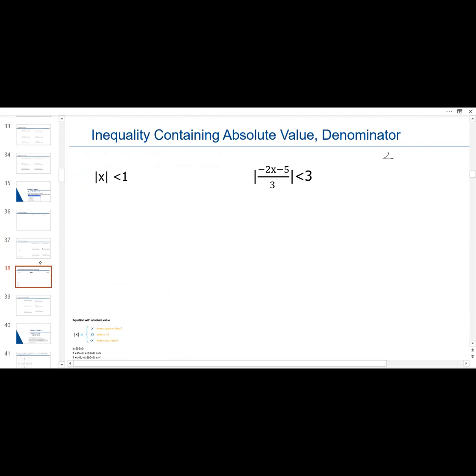That should be easy for you guys. Do the same transformation as an inequality. But when the inequality contains absolute value, or some contain a denominator, what can we do? Let's talk about absolute value first.